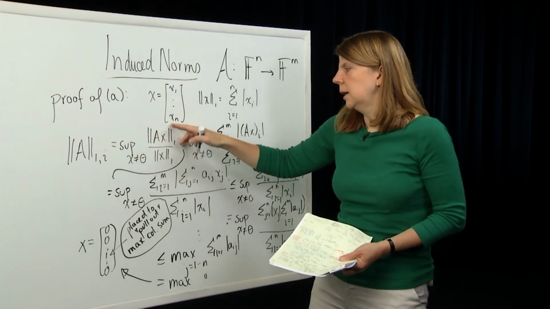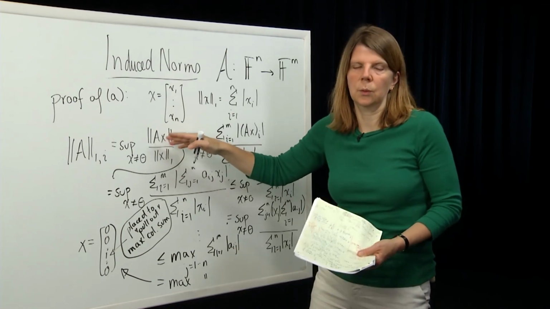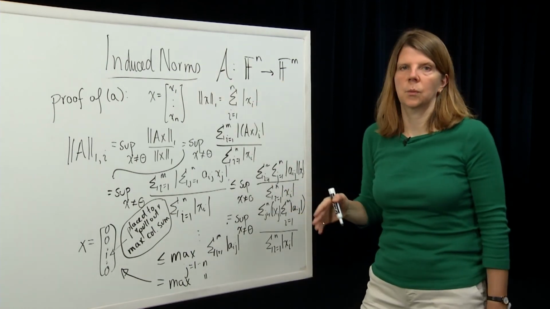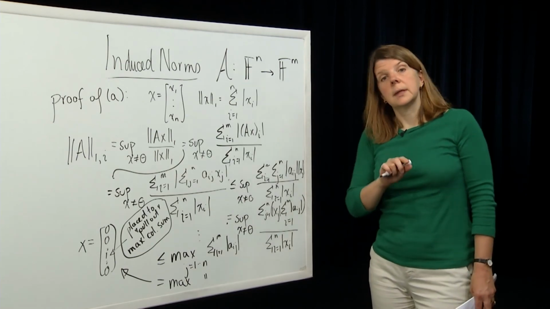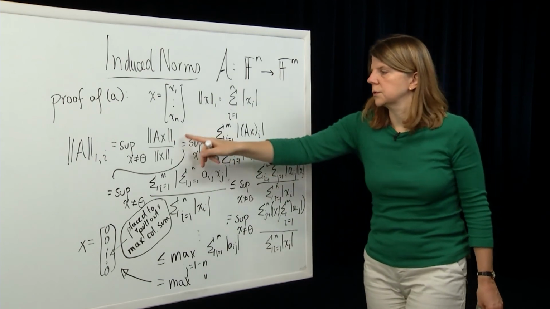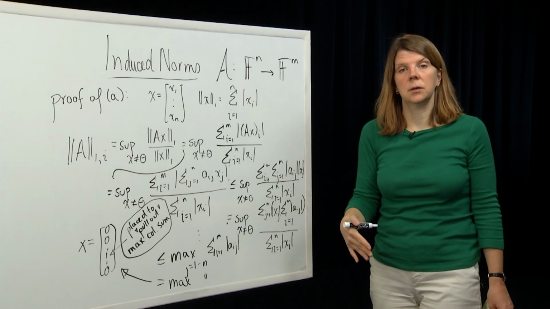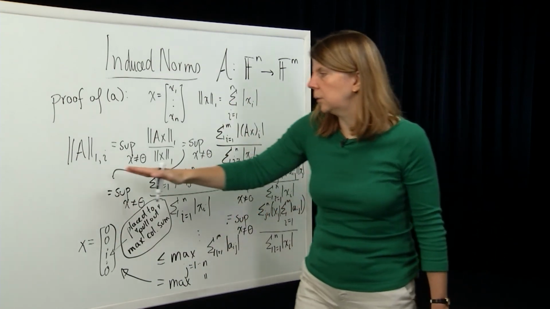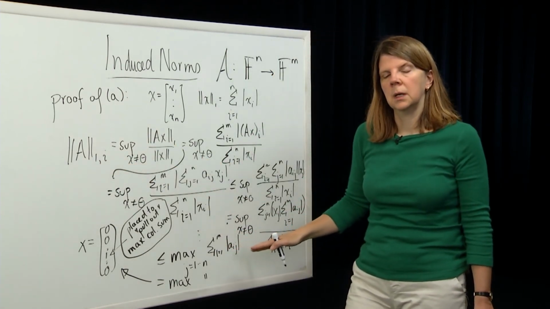So thinking about that norm as the corresponding vector norm when you apply A to vectors, when you think about A as an operator from one vector space to another. And moreover, we've shown that that abstract definition reduces to something very useful when we think about those vector norms in R^n as being either the one norm, the two norm, or the infinity norm. And we showed the process for deriving, at least for the one norm, how you would go from the abstract definition to the concrete representation.